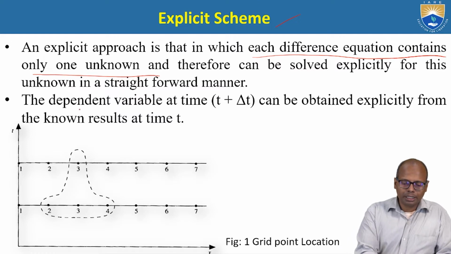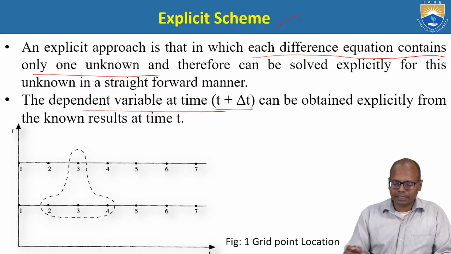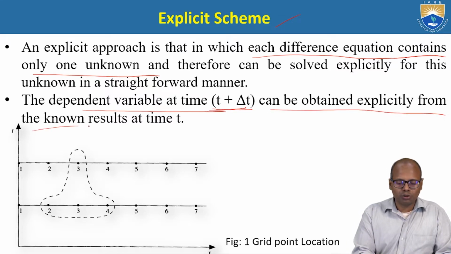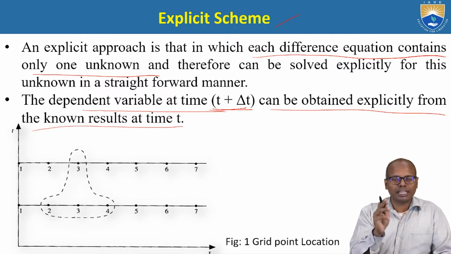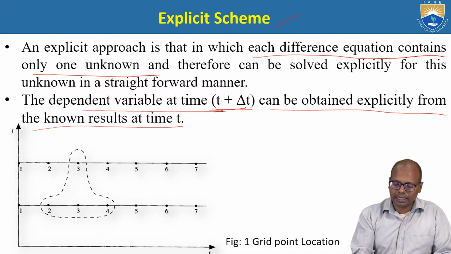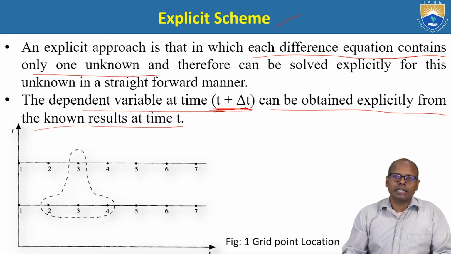Now here the dependent variable at time t plus delta t can be obtained explicitly from the known results at time t. So here we have only one unknown, and that is at time t plus delta t.